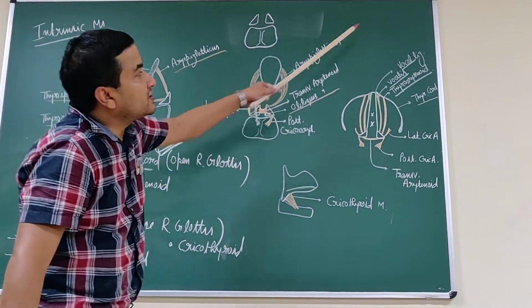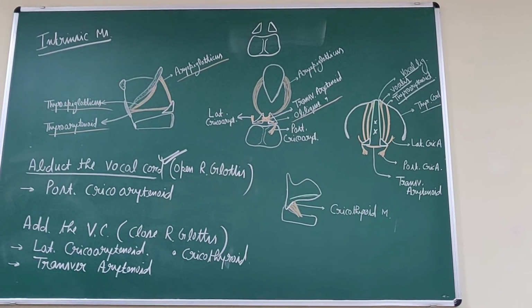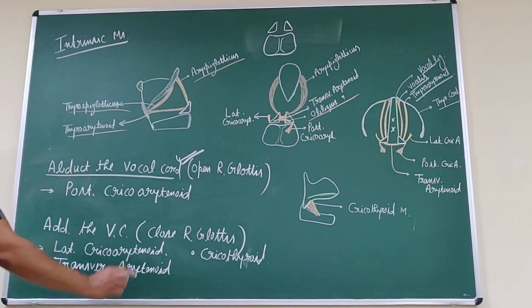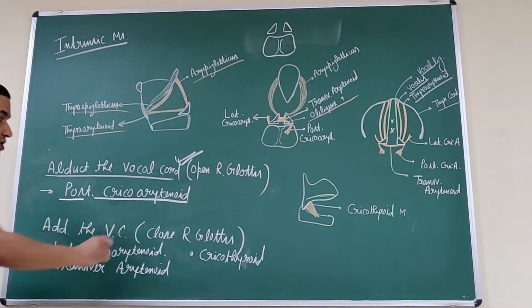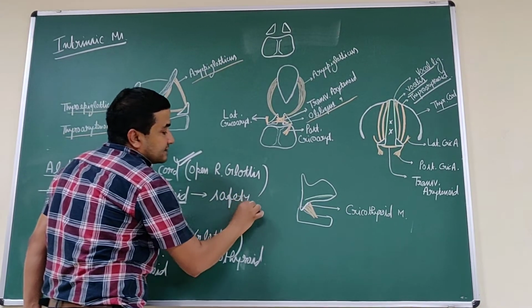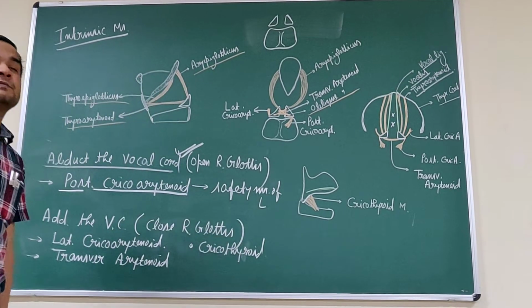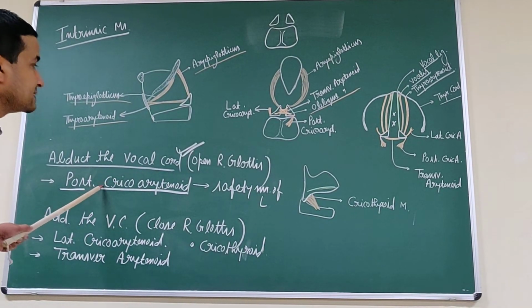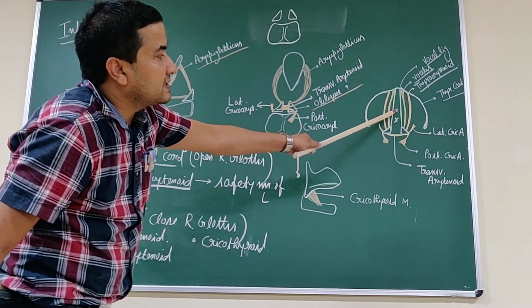As a result, air enters the lower respiratory tract. That is why this muscle, the posterior cricoarytenoid, is also known as the safety muscle of the larynx. It is the only muscle that abducts the vocal cord, that opens the rima glottis.